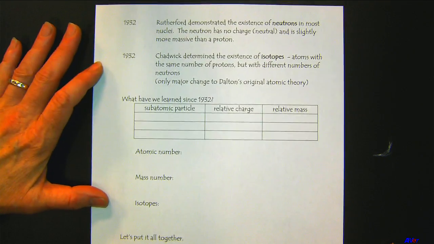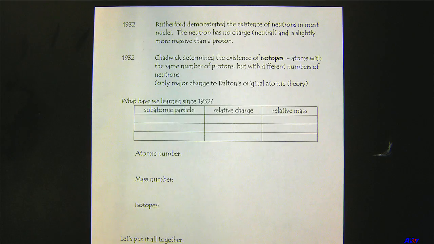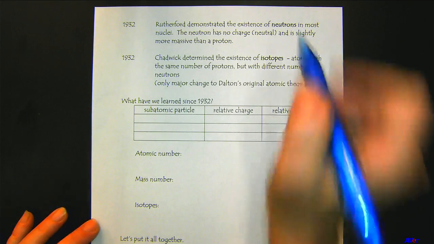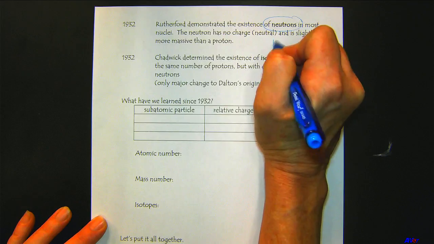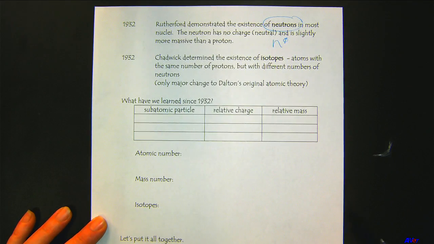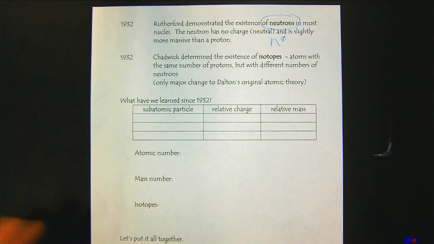Here we go. So in 1932, Rutherford demonstrated the existence of neutrons, right? And they're neutral. They don't have any charge, right? And so they were the last to find because they're the hardest to find because they don't interact. Positive and negative will interact, but neutral, it's aloof.